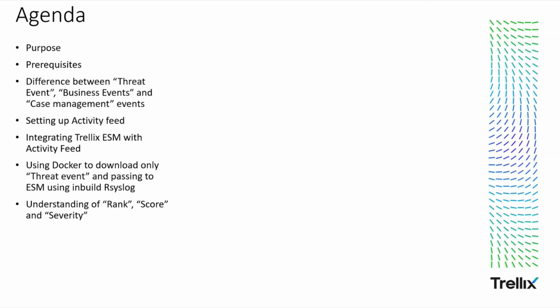Followed by that, we will go through the integration steps of the activity feed and Trellix SIEM. After that, we will see how we can use Docker to make this integration process seamless. At the end, we will talk about how to read the activity feed output and go through some very detailed explanations of the rank, score, and the severity.